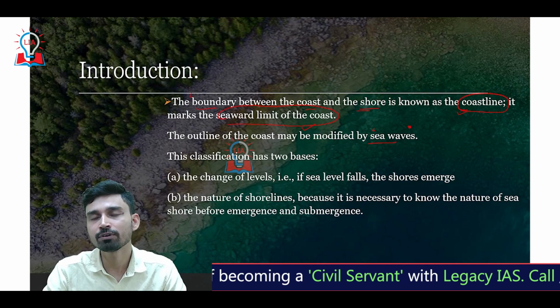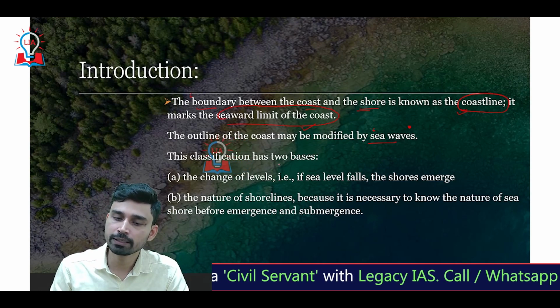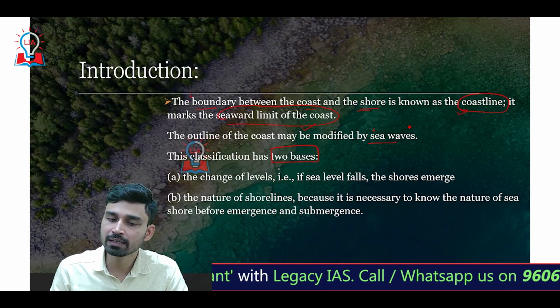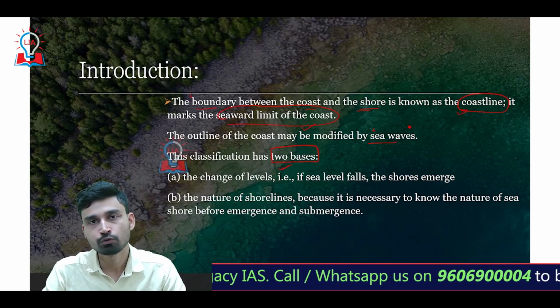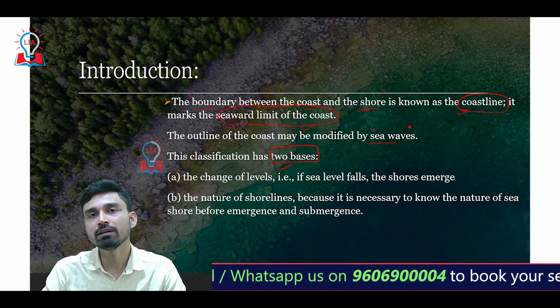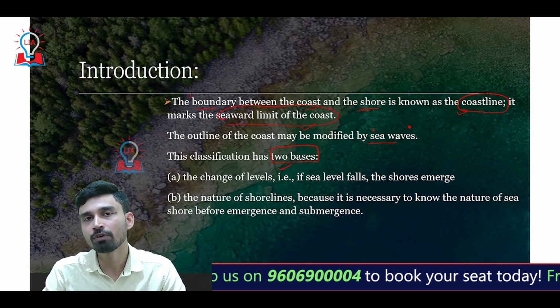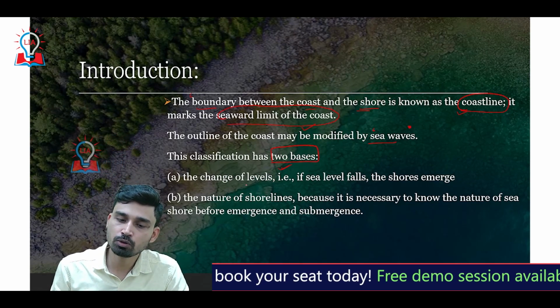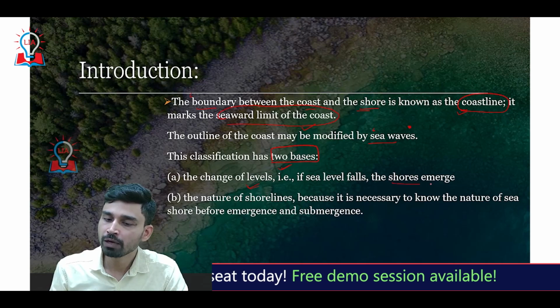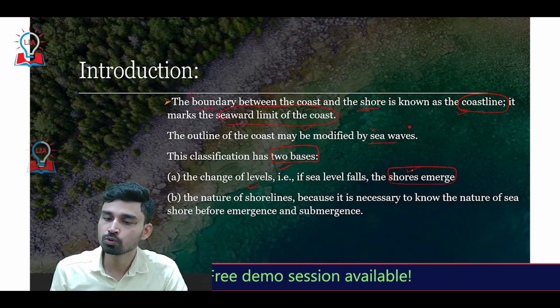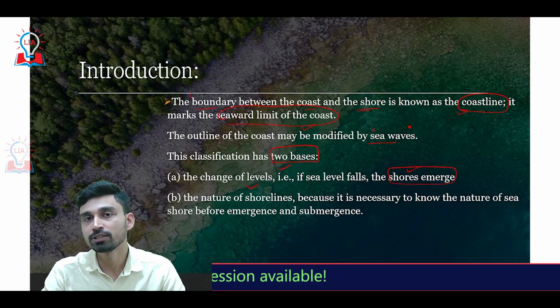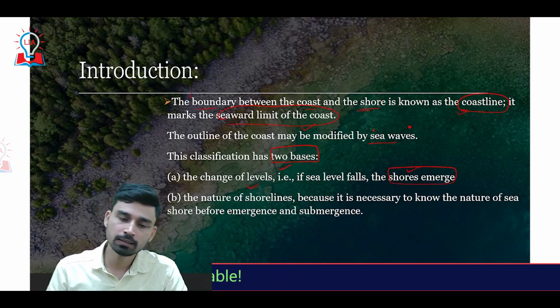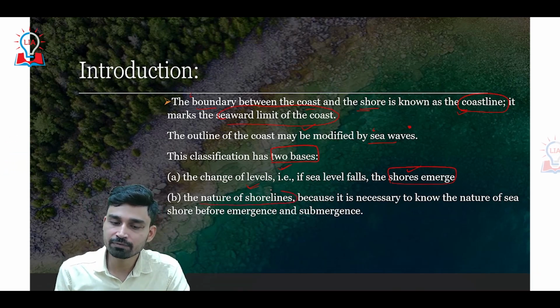Now the coastline can further be classified into two categories, and there are two ways we can classify it. First, as you know, sea level fluctuates as the earth moves from a warming period to a cooling period and from a cooling period to a warming period. Thus, due to the continuous change of sea level, two different types of coast are generated, which we will discuss later on. The other is the nature of the shoreline itself.